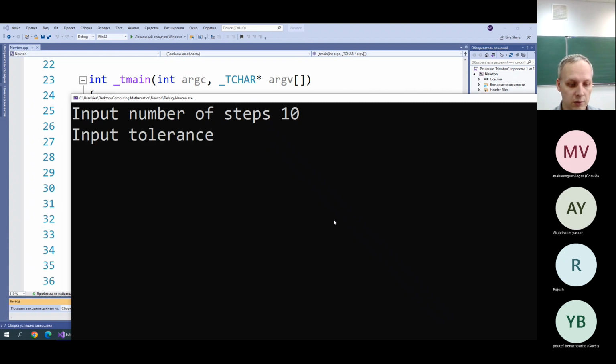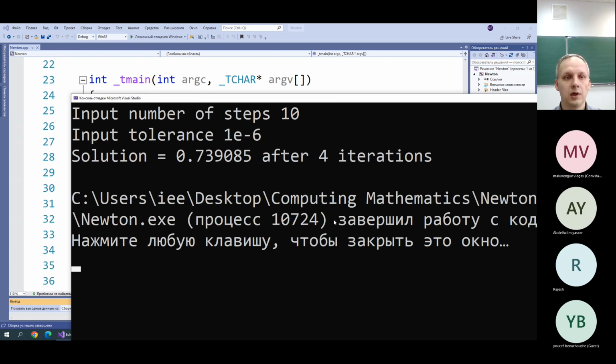The tolerance, for example, 10 power minus 6. And it's enough to carry out just 4 iterations to obtain the solution with this tolerance, 10 power minus 6.